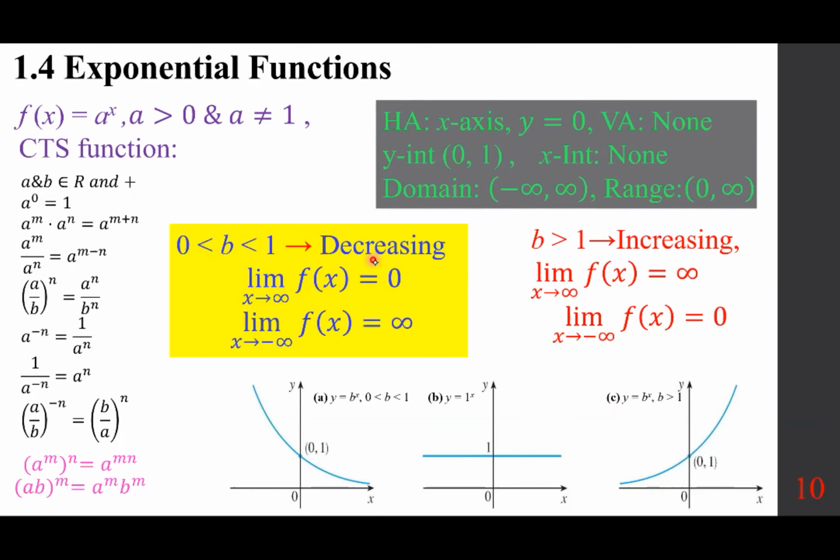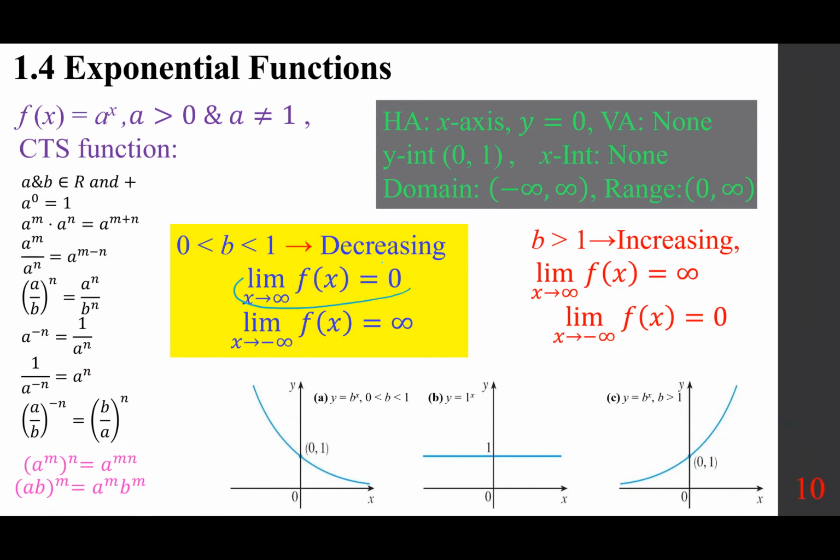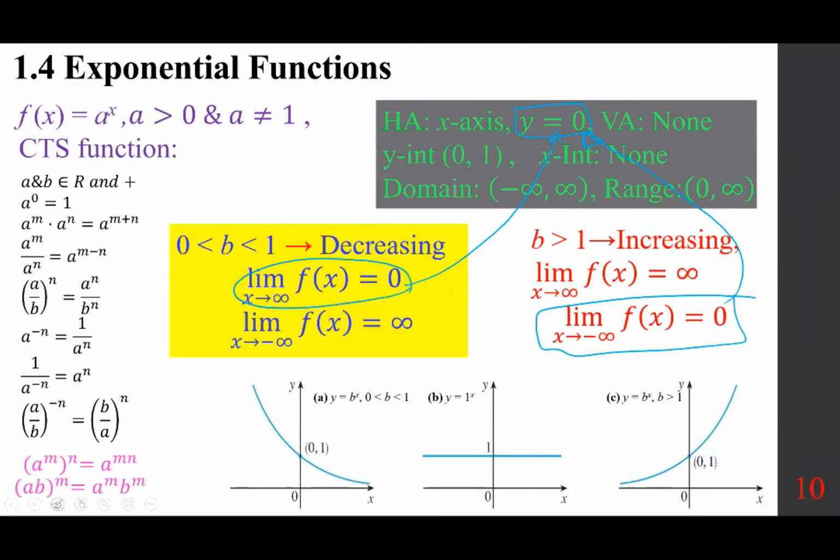And the same thing here, right? So this means this. Horizontal asymptote has the equation y equals 0. And the limit of f of x as x approaches minus infinity, as we go to the negative infinity, it blows up to infinity.